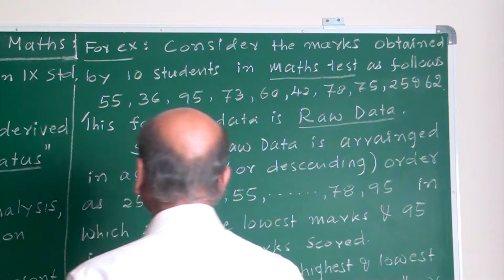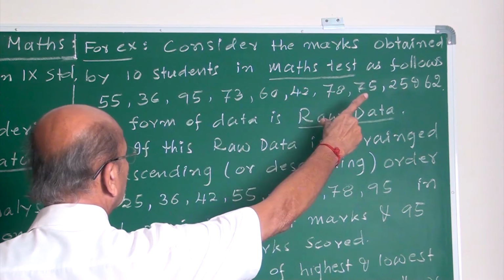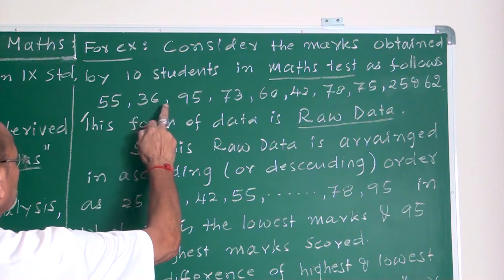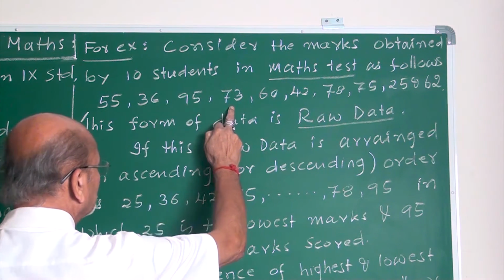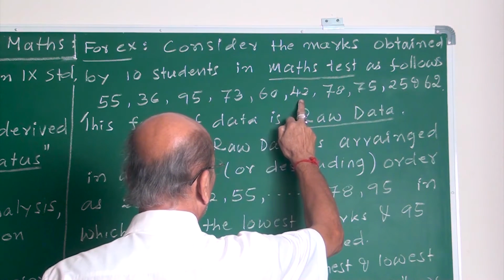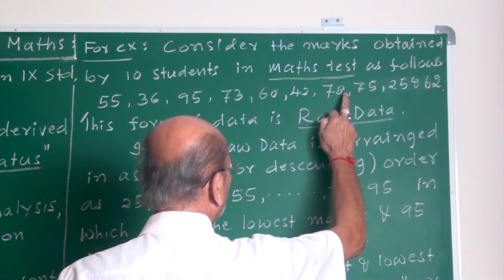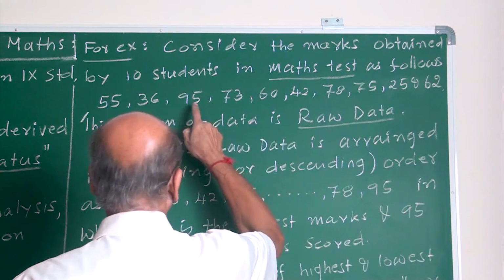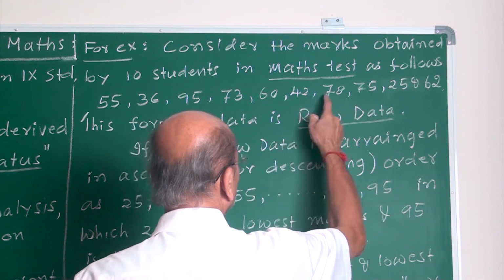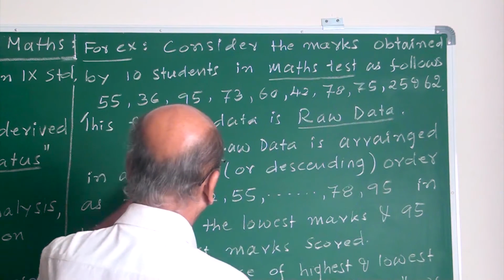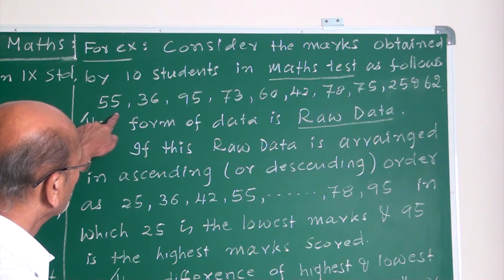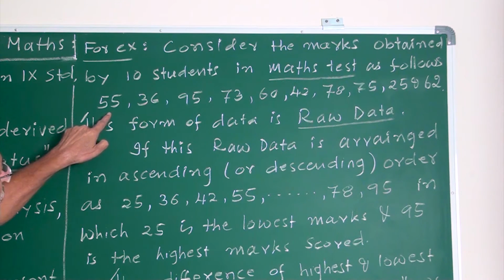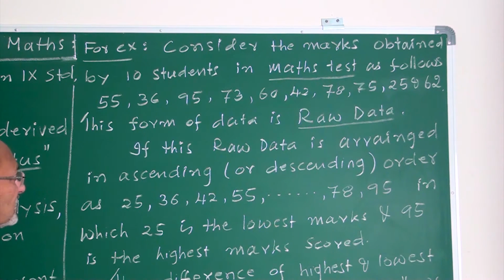These are the marks scored by the 10 students: 55, 36, 95, 73, 60, 42, 78, 75, 25 and 62. These numbers are the scores students scored in the maths test.